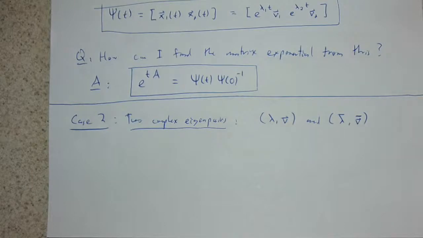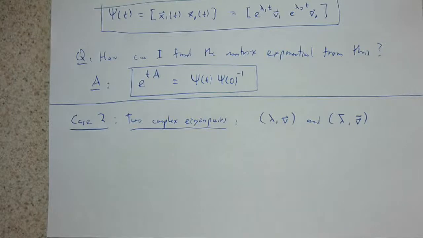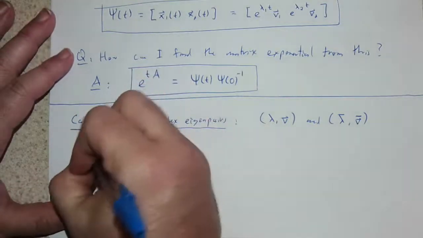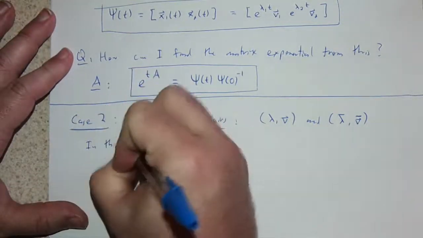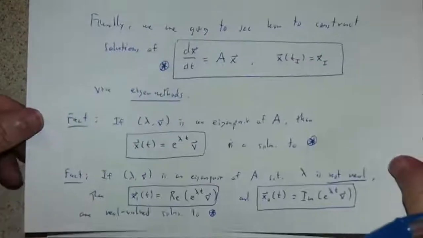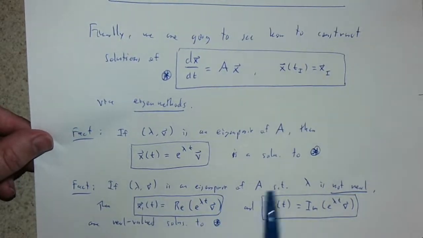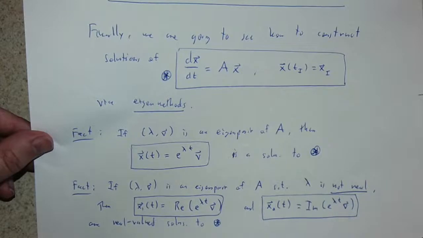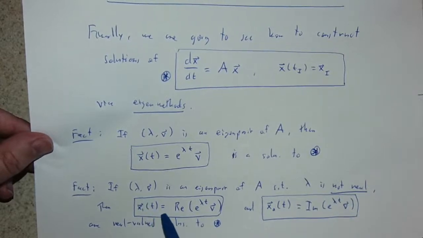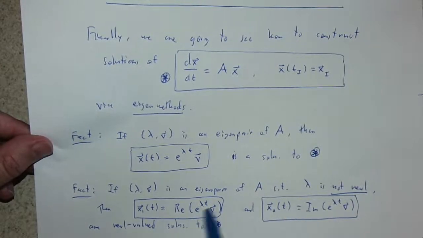In this case, both of these are complex numbers, and the v's will definitely contain non-trivial complex numbers. From fact 2 here on the first page from today, if I have an eigenpair of A such that lambda is not real, then from that eigenpair alone, I get two real-valued solutions.